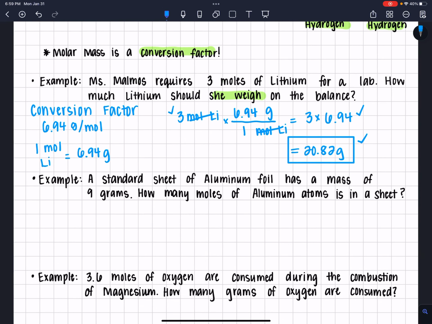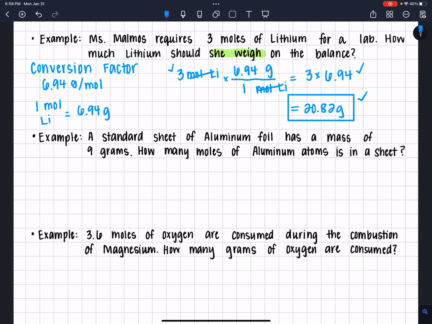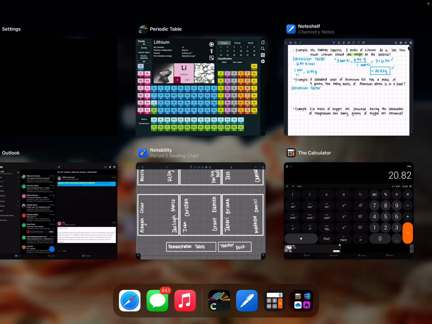So let's do another example together. A standard sheet of aluminum foil has a mass of 9 grams. How many moles of aluminum atoms is in a sheet? So once again, I'm going to start off by figuring out what's my conversion factor, which in other words means what's my molar mass of aluminum. So I'm going to look for aluminum on the periodic table.